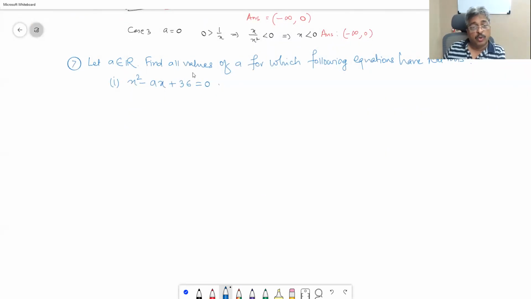Okay. So the discriminant delta should be greater than or equal to 0. What is delta? A square minus 4 times 36. 4 times 36 is 144. This is what we have been doing the last 2-3 lectures.